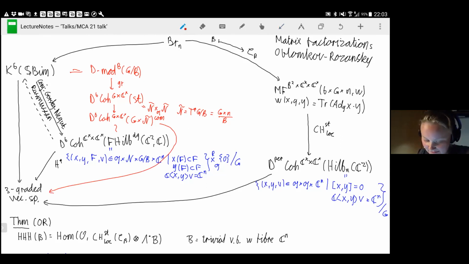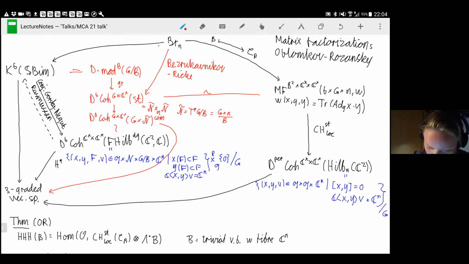And this space turns out to be exactly equivalent to these matrix factorizations that Oblomkov and Rozansky defined. And this also has a very famous braid group action due to Bezrukavnikov-Likov and Riche.